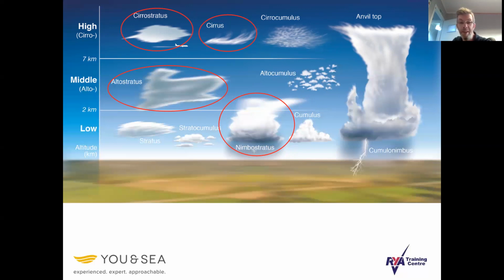Nimbo, rain-bearing, stratus, layer. Then we move into the middle bit, and we've got stratus, so the warm sector in between the warm front and the cold front. We've got our stratus cloud. Doesn't do a great deal other than give us a lot of drizzle, fine mist, etc.